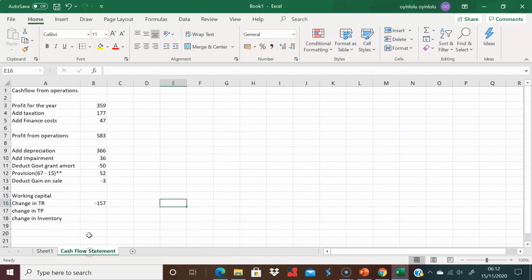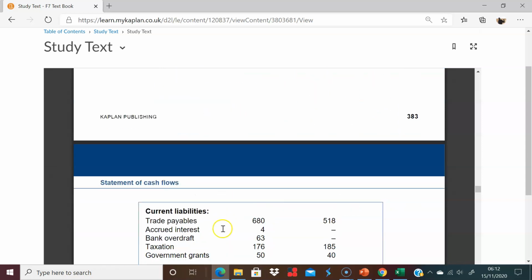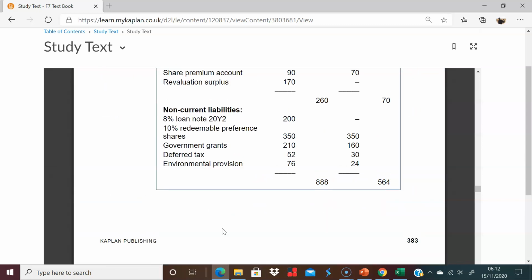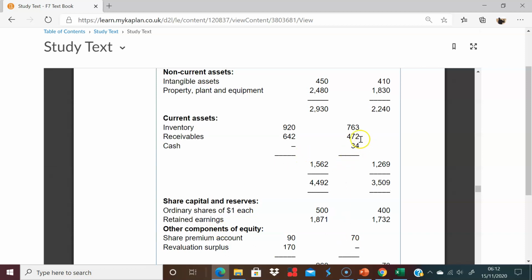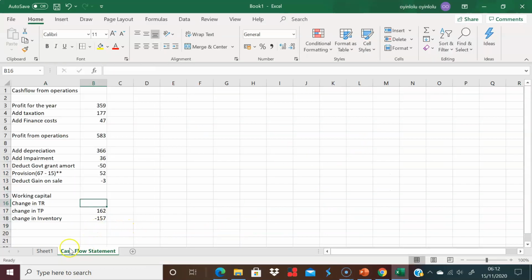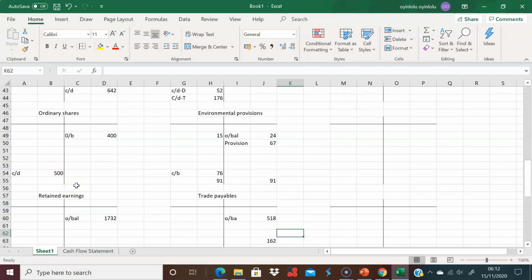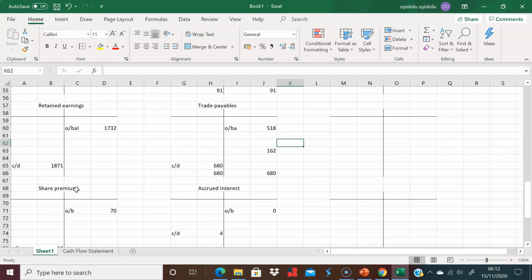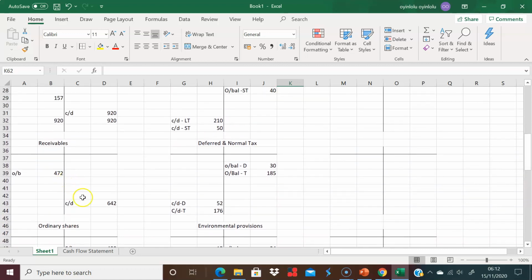So what am I going to do here? I'm going to have 162 coming in. Oh, sorry, this was my change in inventory. So my change in trade receivables, when I look at that, here I see a movement of receivables 472 to 642. So this is my closing, a bit like my inventory, 642.